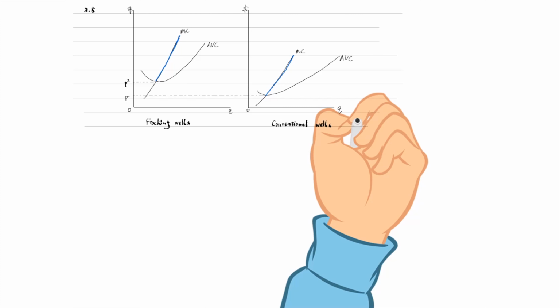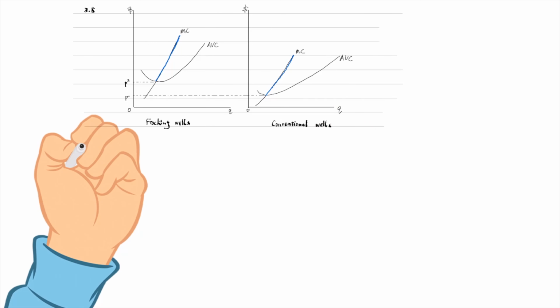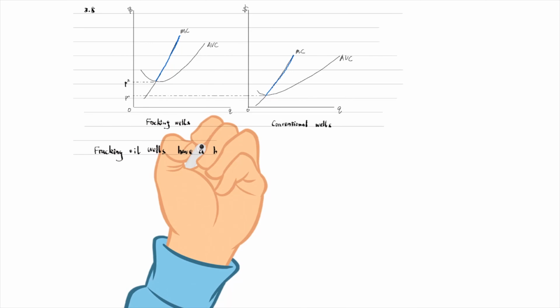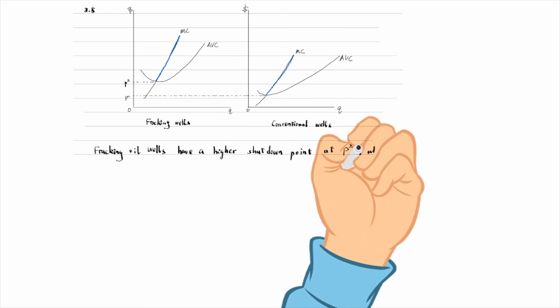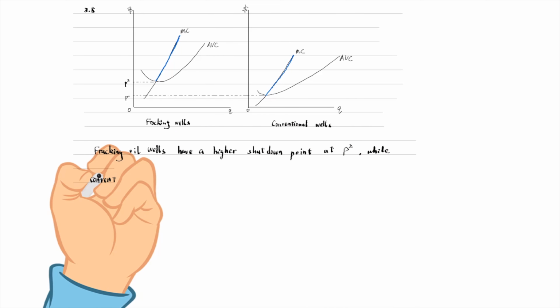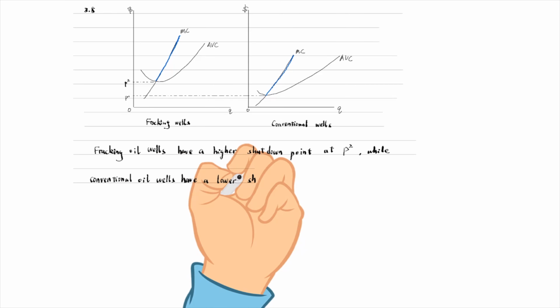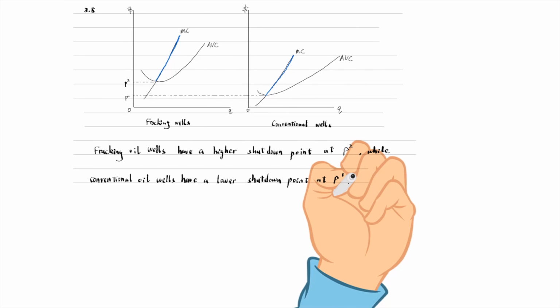The shutdown point is the minimum of the average variable cost curve. Fracking oil wells have a higher shutdown point at P2, while conventional oil wells have a lower shutdown point at P1.